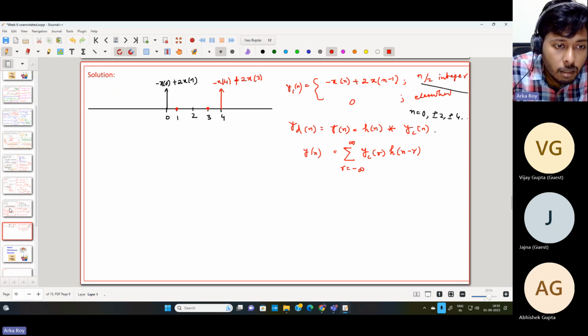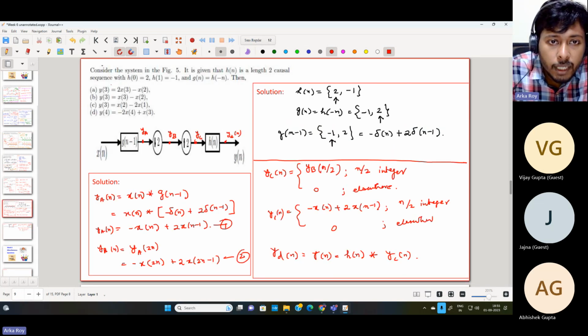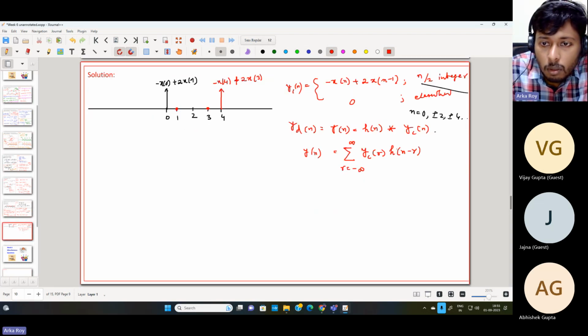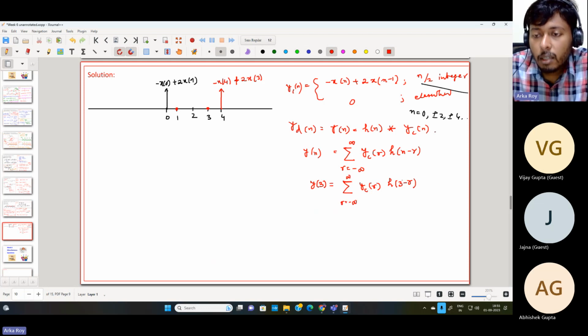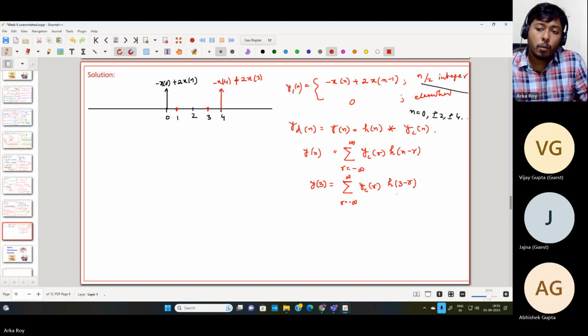And in the question, they have asked to find y[3]. So let me put the value 3. This equation effectively converts to the sum of yc[r] h[3 minus r], r from minus infinity to infinity. So what is happening here? h of 3 minus r.